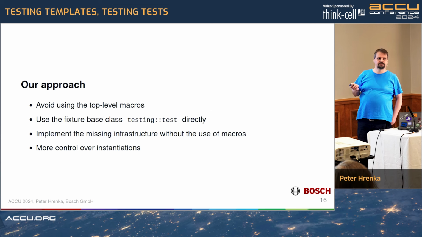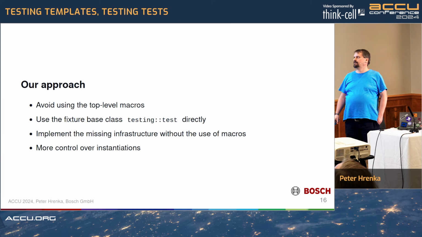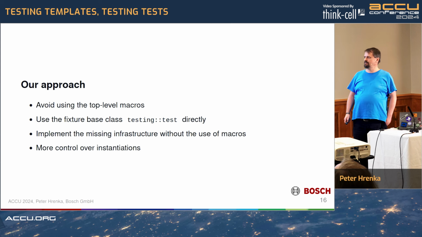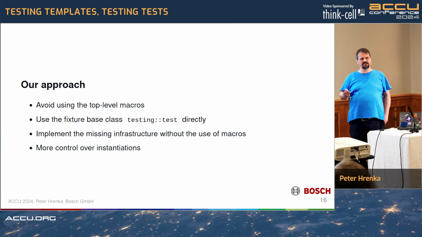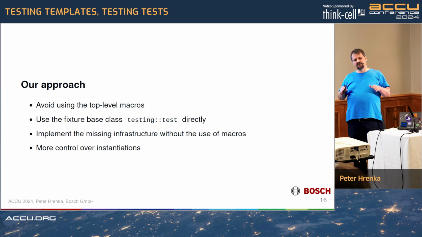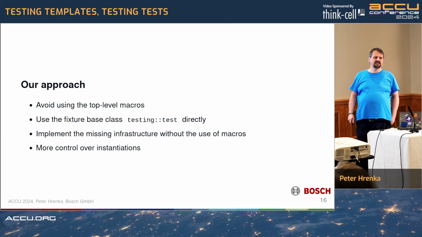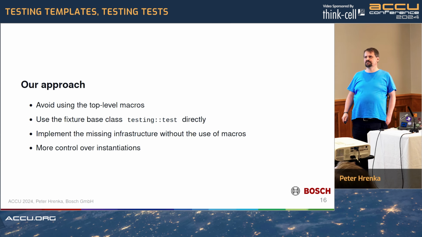Okay, so what do we do? So we said, yeah, okay, it's possible to do that with macros, but actually they're not adding much value. They make it a bit nicer to write it down. You can kind of save some lines of code, but in the end it's just some minor infrastructure stuff you need, and you can make it work with just regular template classes.